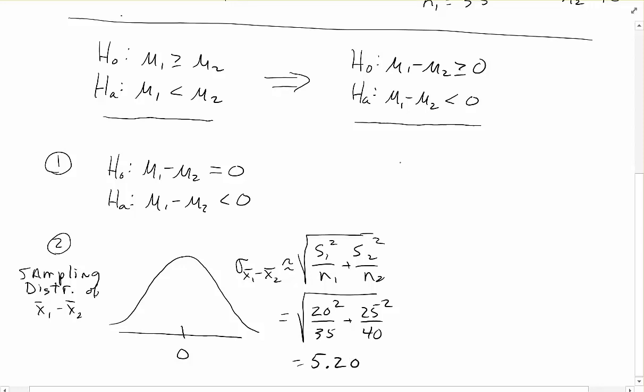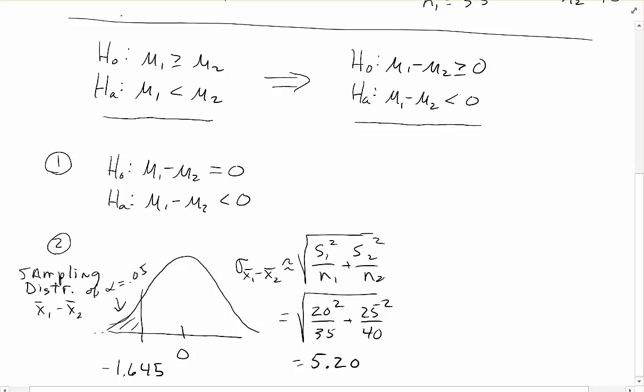Now, this is a lower tail test, so I'm going to set up a decision line with respect to my alpha at 0.05. And my z-value for that would be negative 1.645. This is something we've learned before. Nothing's changed here.